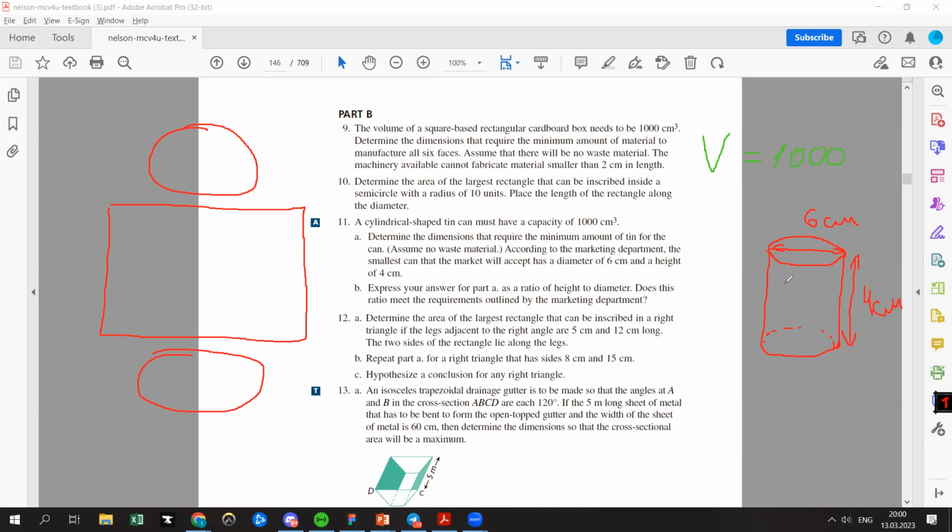For a cylinder, to evaluate the surface, it would be two surfaces of circles, or pi r square, right?